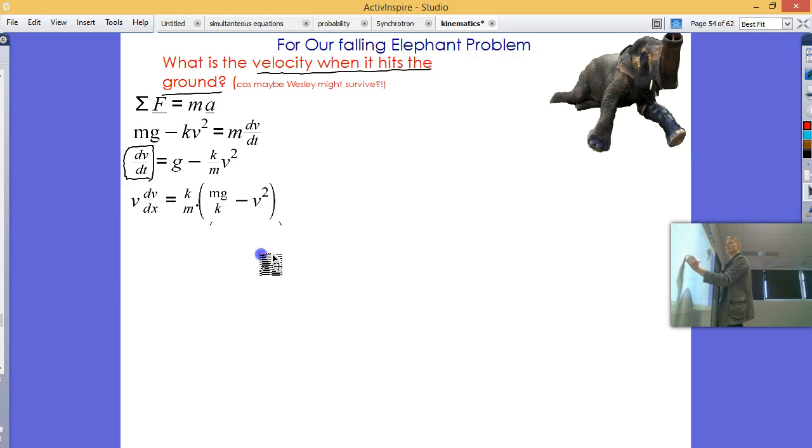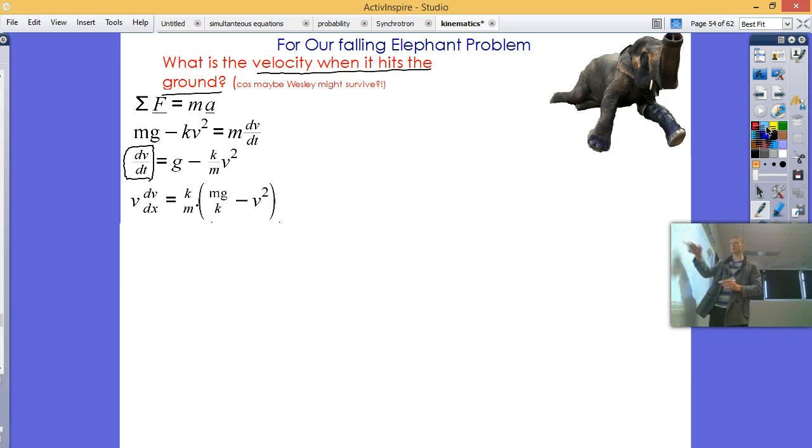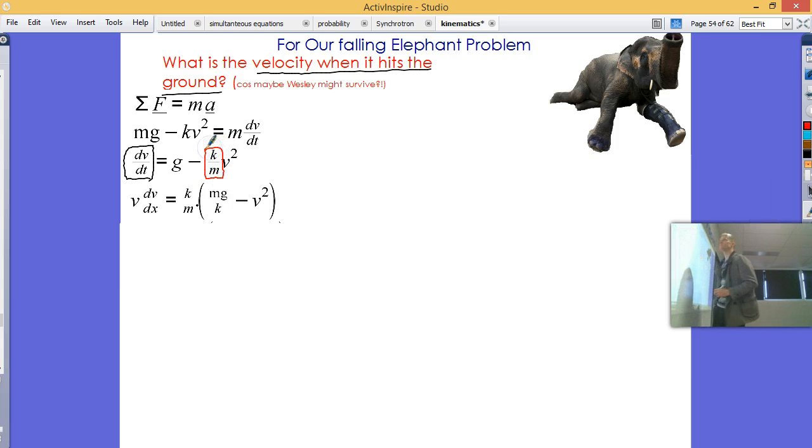Let's make here, what was done is, we can see, well, dv dt, that's the same as v times dv dx. Okay? And then we've started to rearrange this right-hand side here. I've got this factor of k on m that we took as a factor and we factorized it out on the right-hand side. Okay?